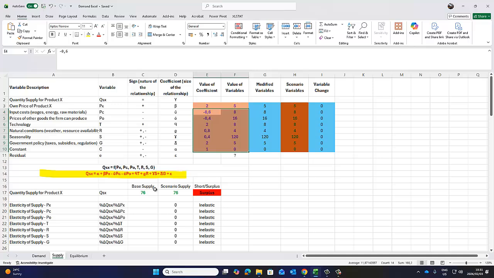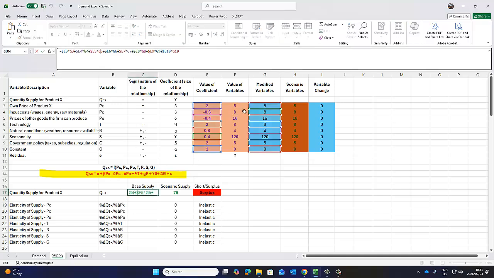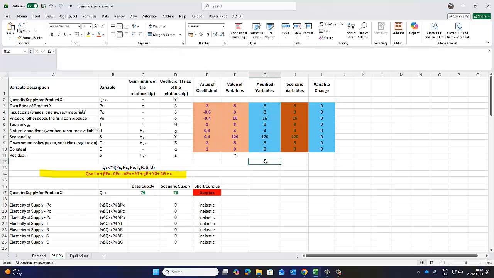So my base is therefore 76, which is 2 times 5 plus minus 0.6 times 8 plus minus 0.4 times 16, etc. You'll see here, they are all multiplied. So that gives me 76. Okay. That's obviously my scenario. If I want to change something, that is where I'm going to change it.